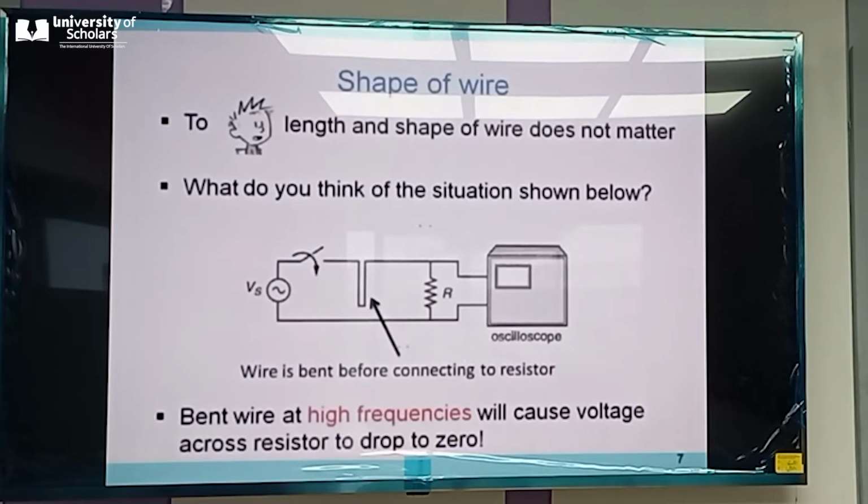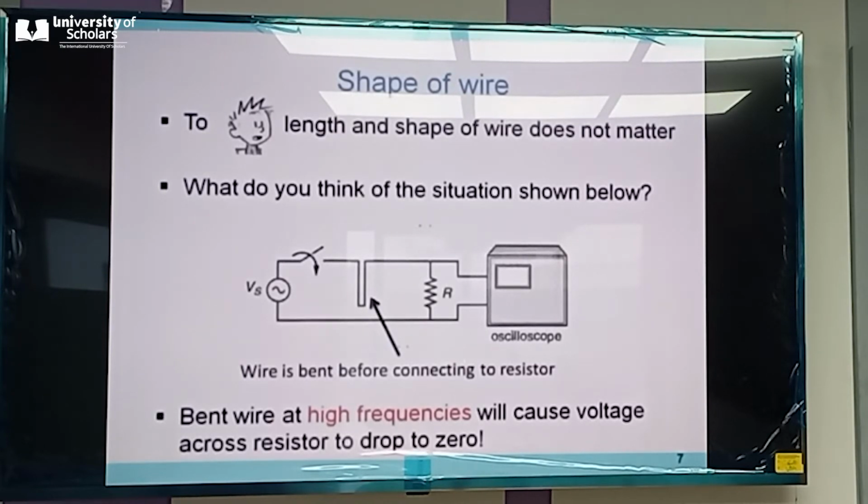You take a signal source, or you can take a battery, it does not really matter. You take a switch, and then the two long wires that we have considered. You take one of the wires and bend it over, just as shown in the diagram on the presentation slide.